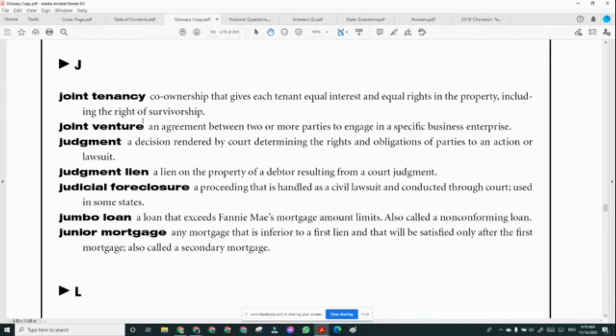In the state of Texas, it's actually community property, which is for married individuals. That's joint tenancy by the entirety or community property. So joint tenancy is co-ownership that gives each tenant equal interest and equal rights in the property, including the right of survivorship.